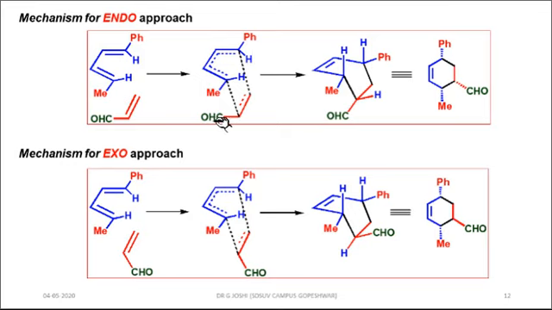Since this aldehyde group is in the same plane of this methyl and phenyl, it means the stereochemistry of this CHO group in the product will remain same as in the case of this methyl group as well as the phenyl group, means it will be cis to phenyl as well as cis to methyl.